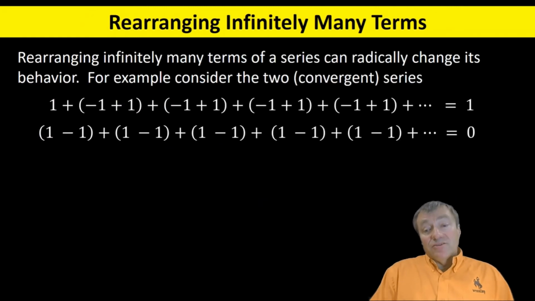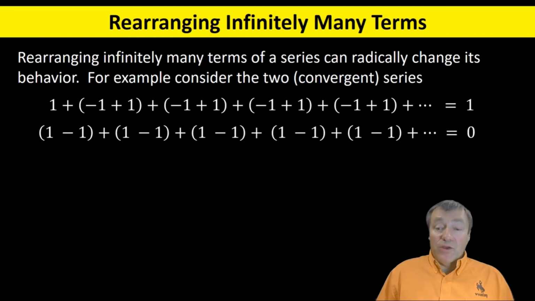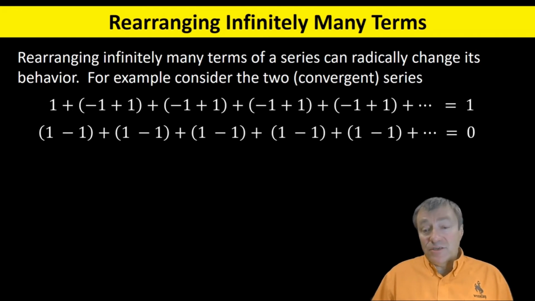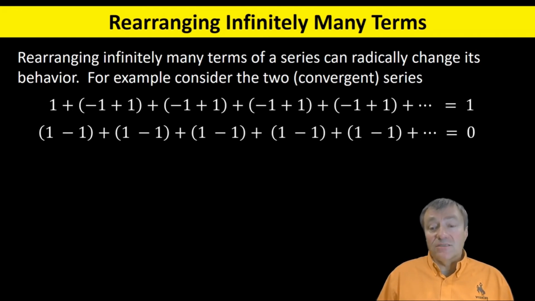Other than simply inserting and deleting terms or rearranging, that's permuting the terms, there's another process of modifying series that can also change the behavior of the series. That's by inserting or rearranging parentheses. In our first example here, the first series shown is really 1 plus 0 plus 0 plus 0 plus 0 plus dot dot dot.